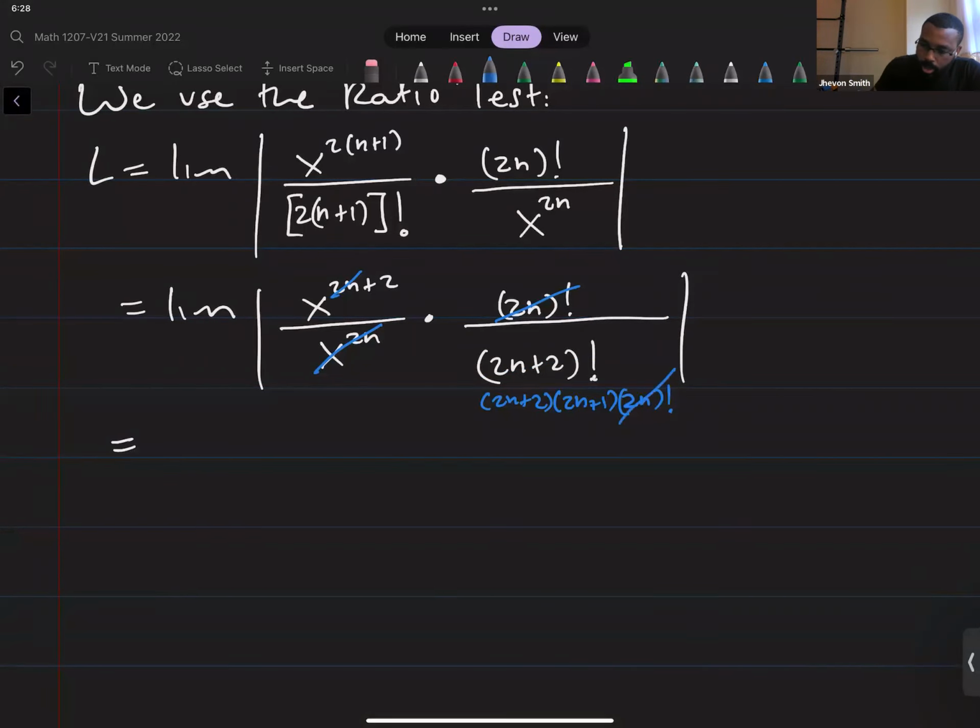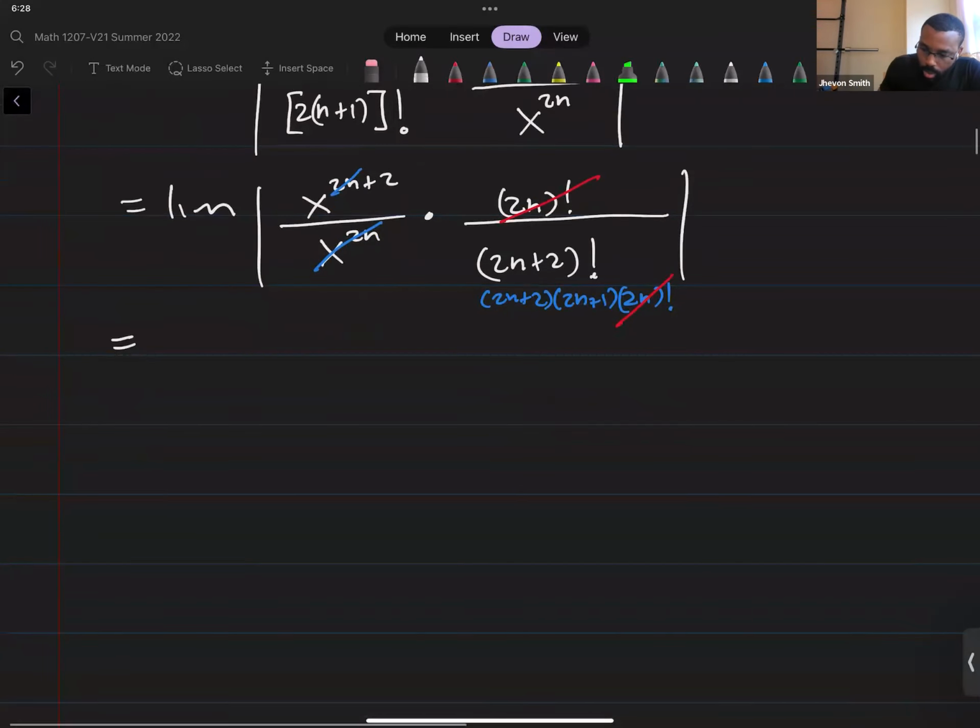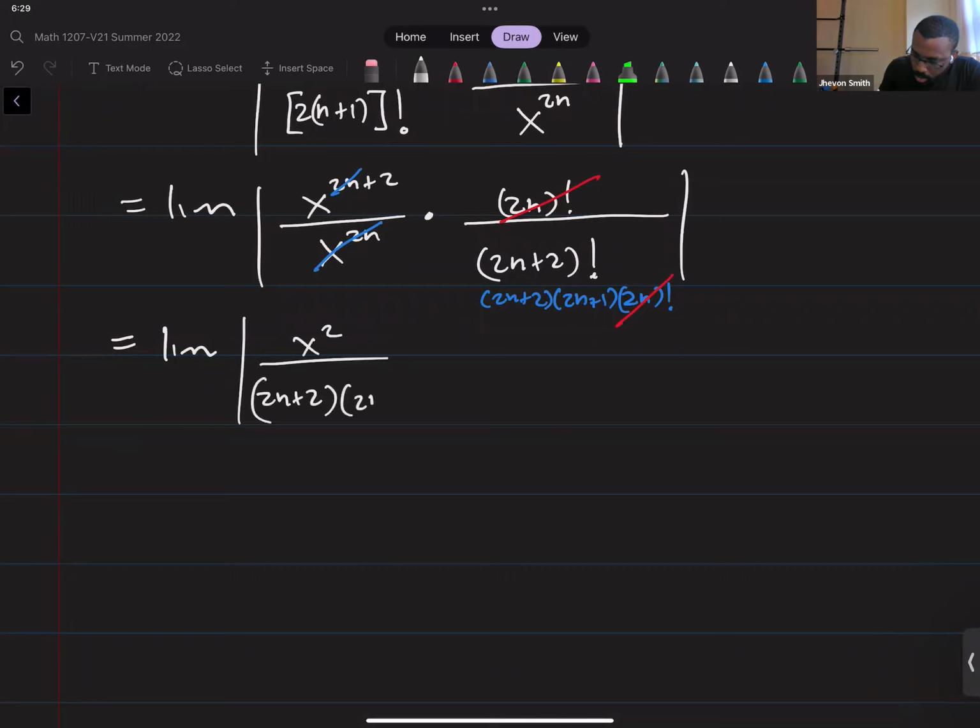And this cancels with that. So we end up with the limit of x squared over 2n plus 2 times 2n plus 1, and the limit is as n goes to infinity.